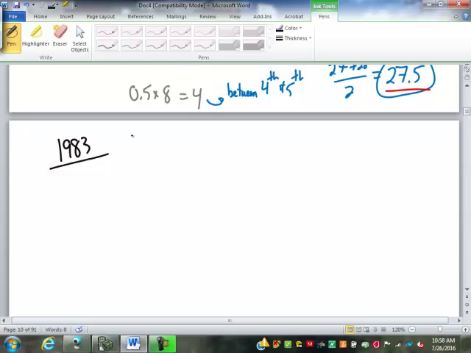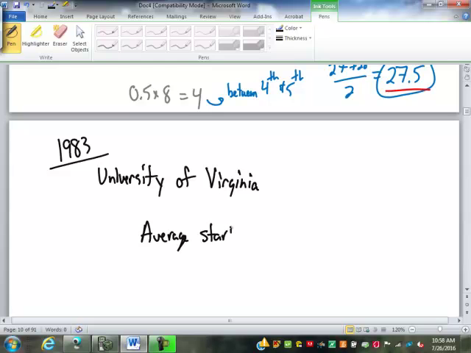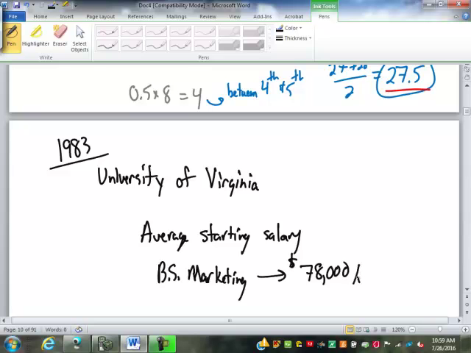1983. University of Virginia advertised that the average starting salary of a graduate in their bachelor's degree, 4-year marketing program, was just under $80,000 a year, about $78,000 per year.